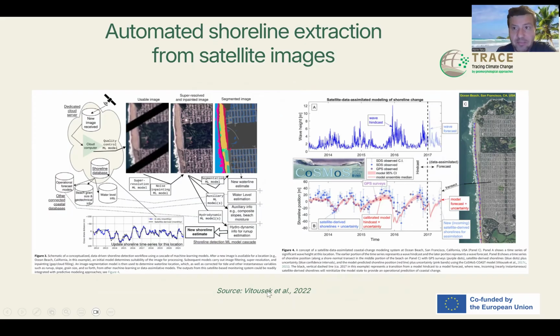And from the same paper of Vitousek and collaborators, we have this example of a workflow: from an image, based on the segmentation of that image, obtaining the shoreline, and also combining the shorelines with the wave hindcast and wave forecast.